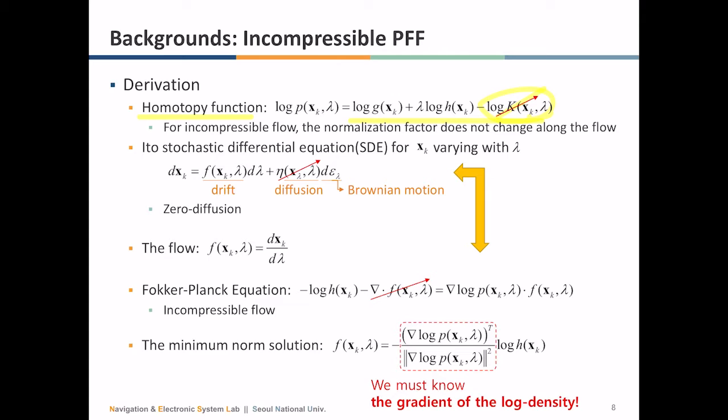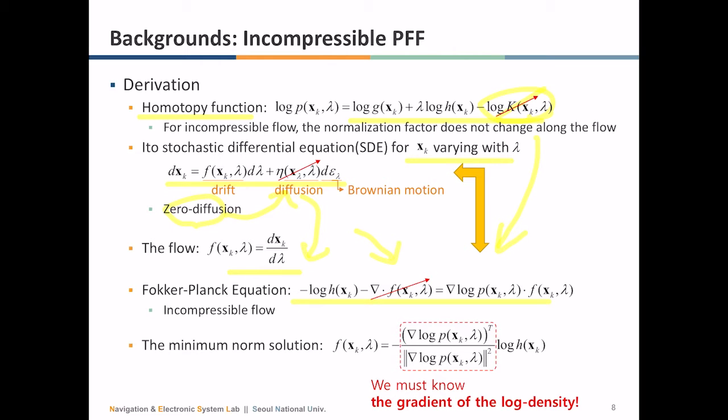By understanding lambda as a concept of time, we can assume that random variables x varying with lambda follow the stochastic differential equation. Considering a zero diffusion process, the flow can be reformulated as this. The Fokker-Planck equation, which describes the time evolution of the density following the Ito equation, can be summarized by substituting the zero diffusion assumption and the log homotopy function as follows.